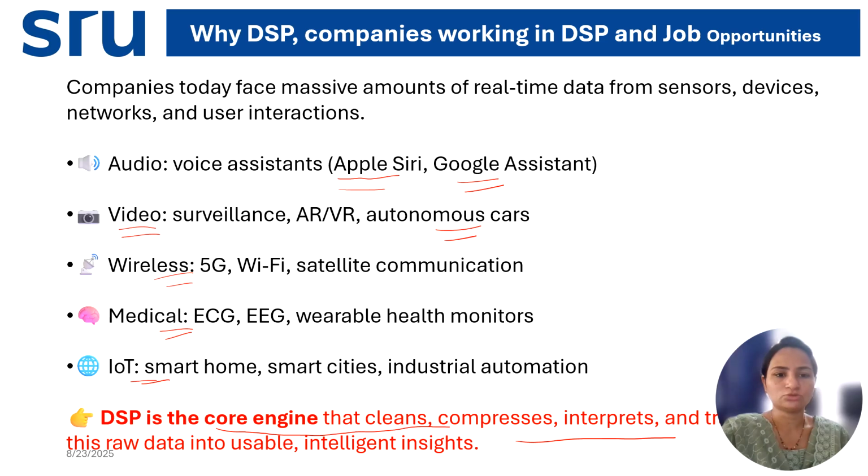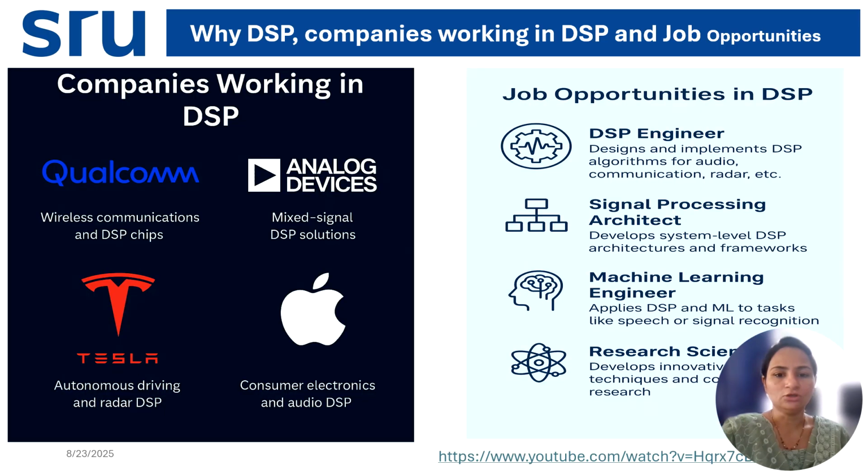You can get jobs in various companies. This is a job opportunity if you learn DSP: DSP engineer, signal processing architect. Signals and systems is a basic subject. After that you have to learn DSP to work at Qualcomm.